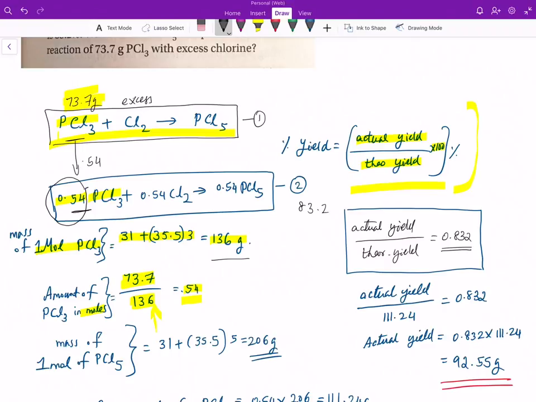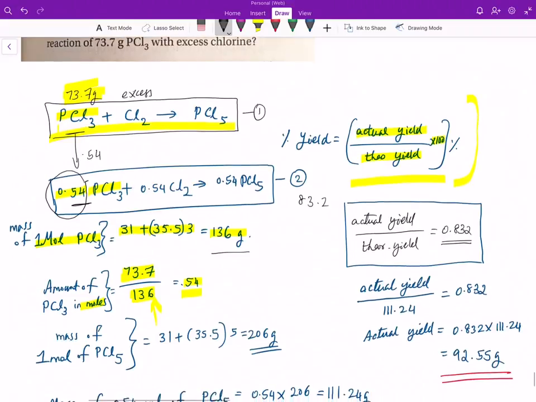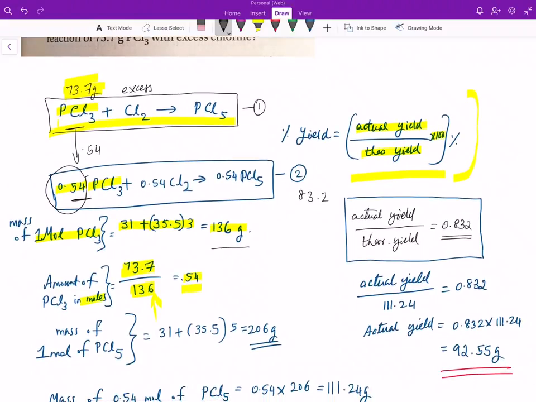Because based on the calculation that we performed so far, 0.54 mole of PCl3 is available, meaning 0.54 times 1 mole of PCl3 is what is available. So we need to multiply Cl2 with 0.54 and also PCl5 with 0.54. Okay, so we get this new equation: 0.54 PCl3 plus 0.54 Cl2 equals 0.54 PCl5.